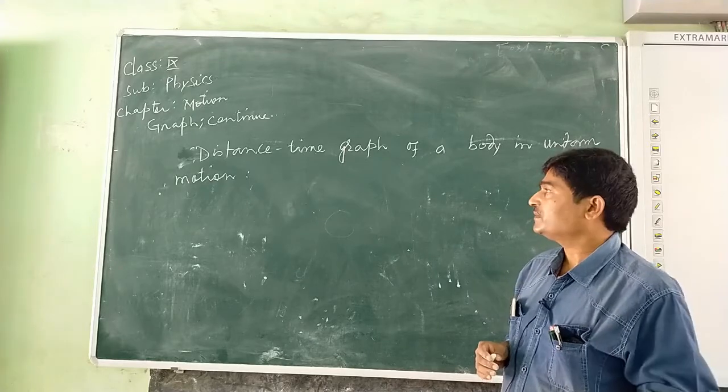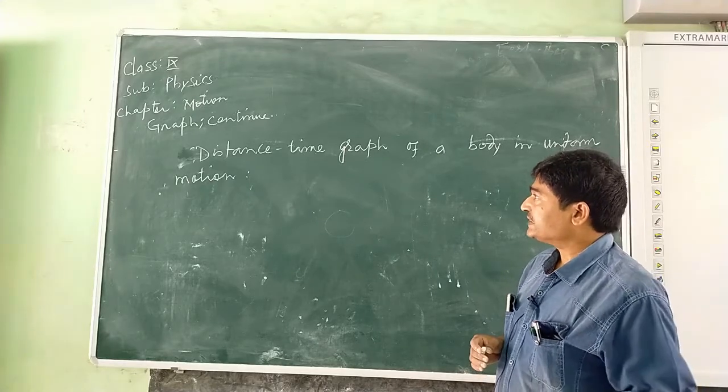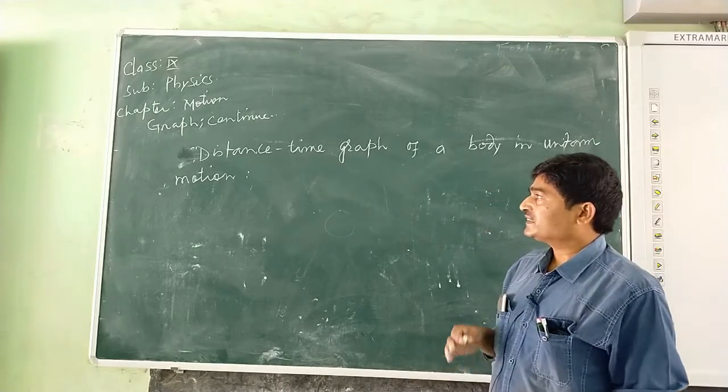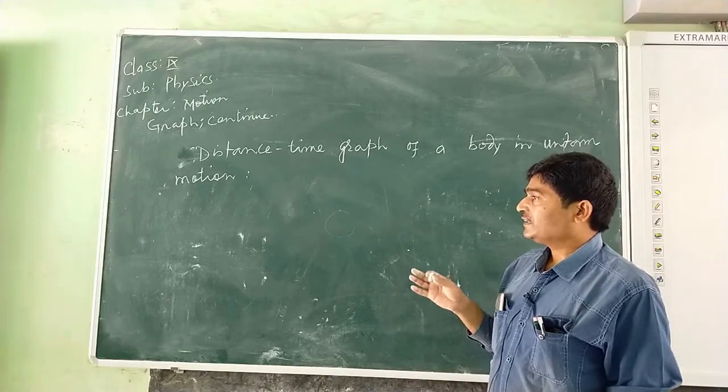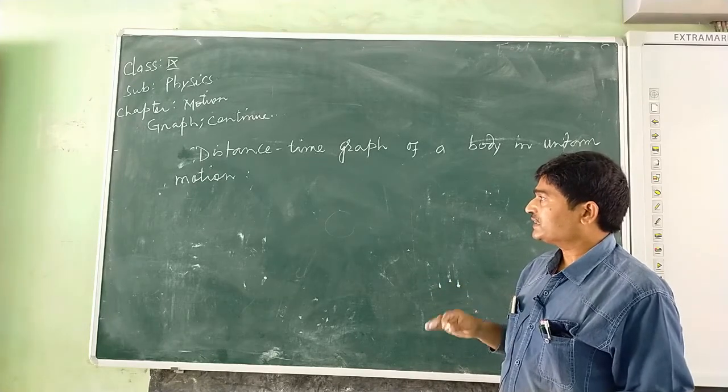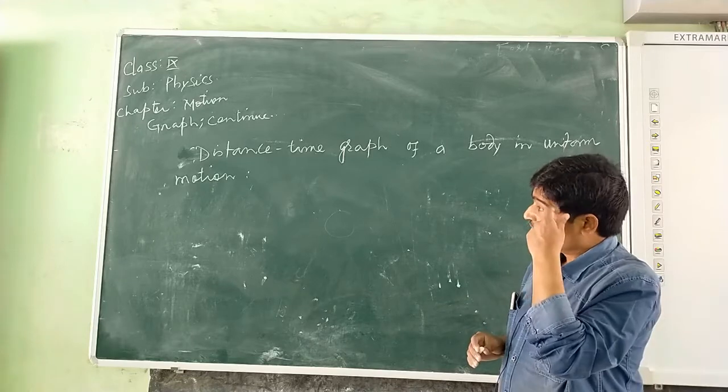We studied the distance time graph in the previous class, the graph plotted between distance and time. Distance is regarded as displacement and position. Mathematically or graphically, displacement, distance and position are the same.